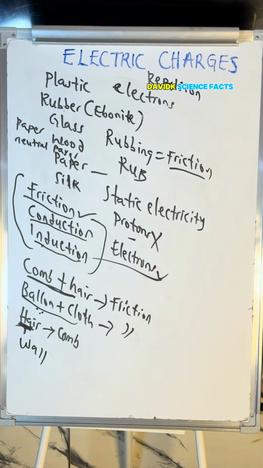Do you understand? So paper is neutral. Balloon is charged. The charges in paper rearrange. That is why the paper is attracted. Also, the same thing is applicable when you rub a balloon with your hair.